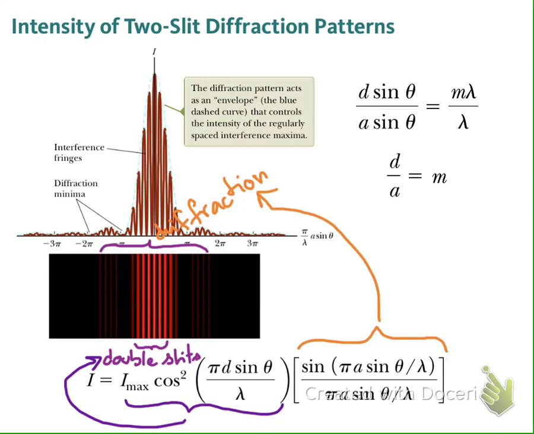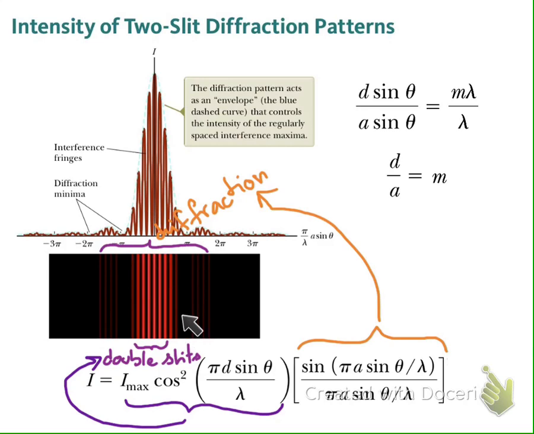The point is that we can calculate the number of interference fringes inside the first bright fringe from the diffraction pattern. This is the first fringe for the diffraction, and inside it are the fringes for the double slit interference.